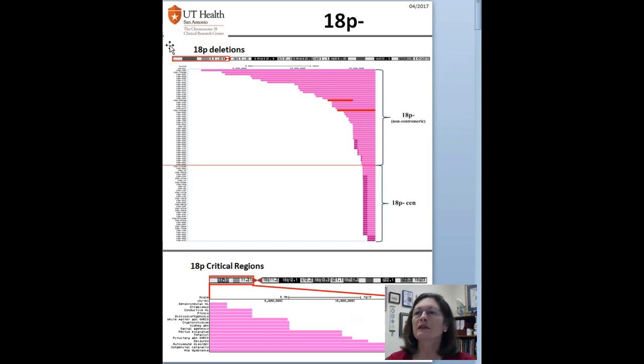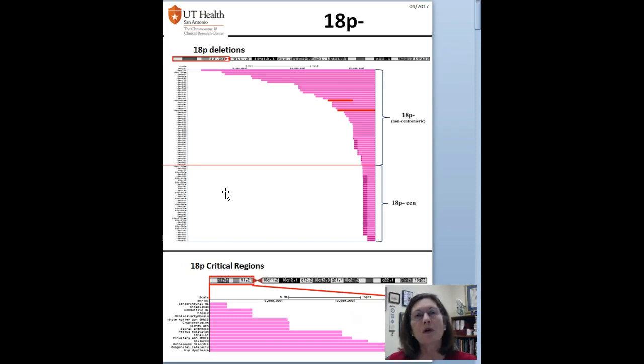And in this particular case, the ideogram of chromosome 18 here has a red box, and the red box is around the P arm, and that indicates that what's below that box, in this box, is just the P arm of chromosome 18.